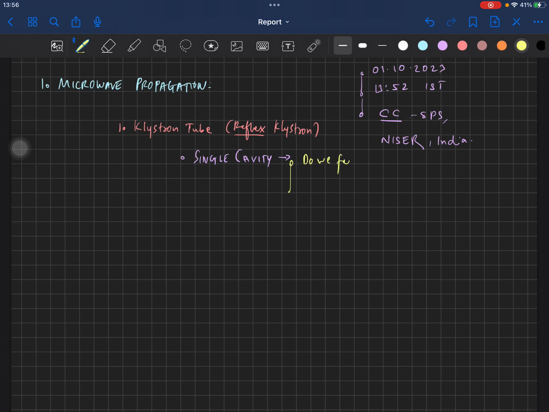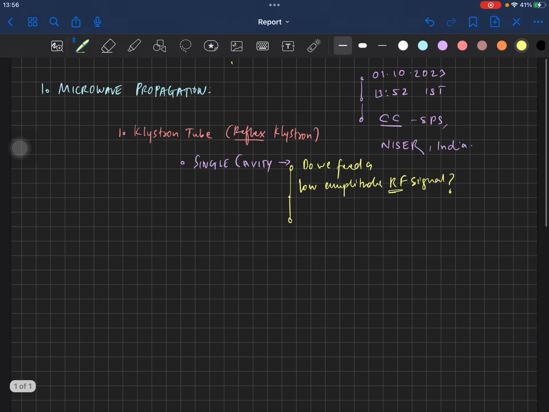Do we feed a low amplitude RF signal? Well, microwave frequency will be interchanged with RF. So yeah, the shorthand for microwaves is RF. Okay, let's just use it that way. So do we feed a low amplitude RF signal to the single cavity?